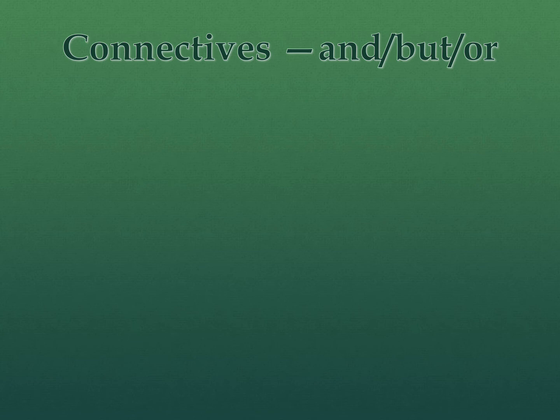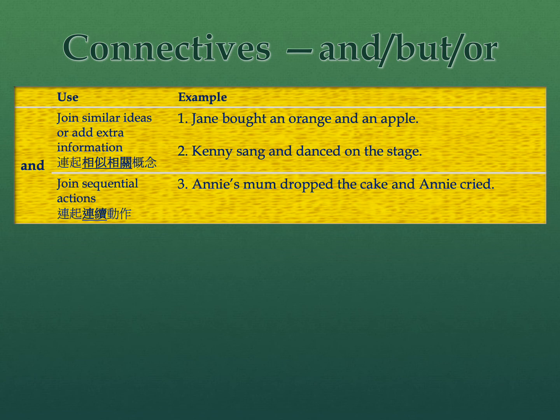Summary. So we have two uses for the connective and. We use it to join similar ideas or add extra information, like orange and apple, sang and danced. We can also use and to join sequential actions, like Annie's mom dropped the cake and Annie cried.